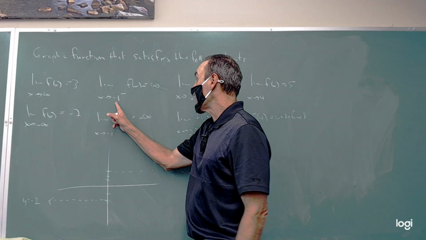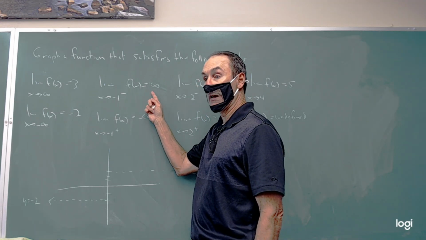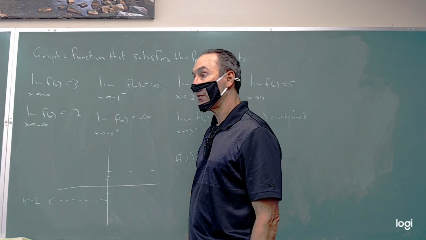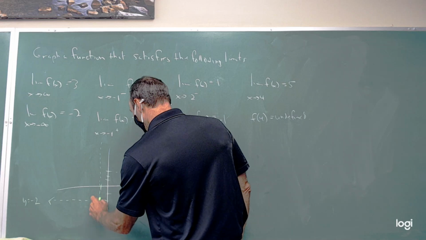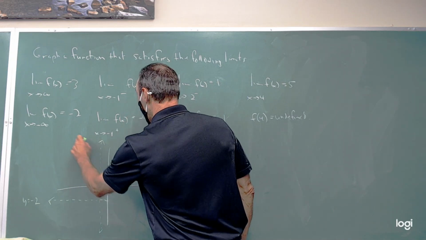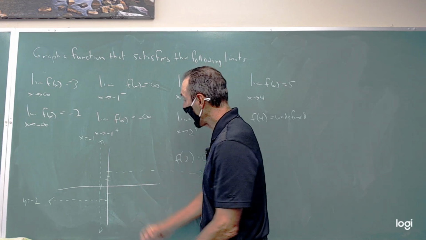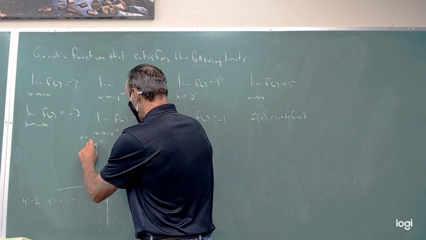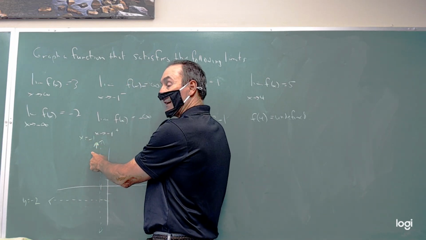Now, as we approach -1 from the left, it goes to infinity. So that means we're going to get a vertical asymptote at -1. So I'm going to go, there's -1. And I'm going to put in a vertical asymptote. I'll label that -1. And on the left side, I'm going to show that we're going to go to positive infinity by putting just a little arrow up here on the left side.